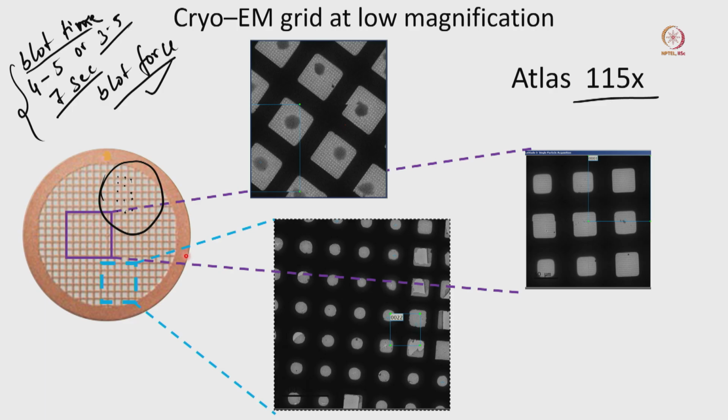In this area we have a lot of broken squares, so this area is also not good. Now I have another area that I am imaging, and this area is good. So after screening this entire grid we can decide this may be the best area where we can go for imaging.